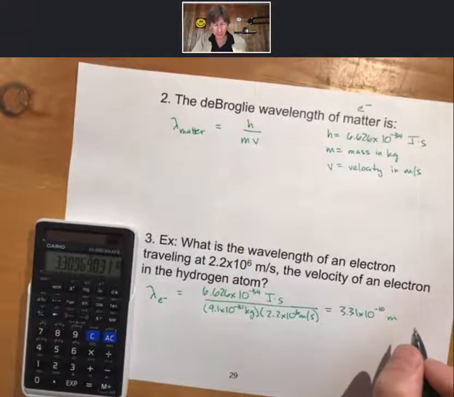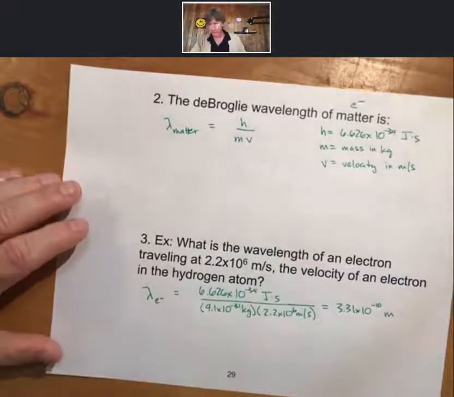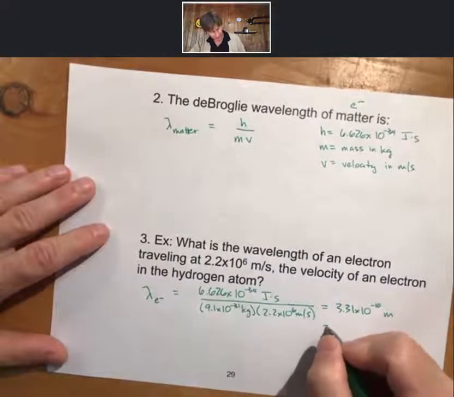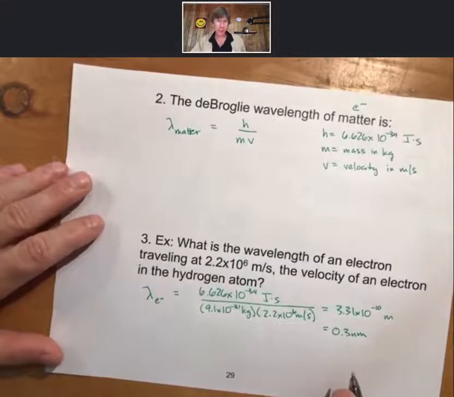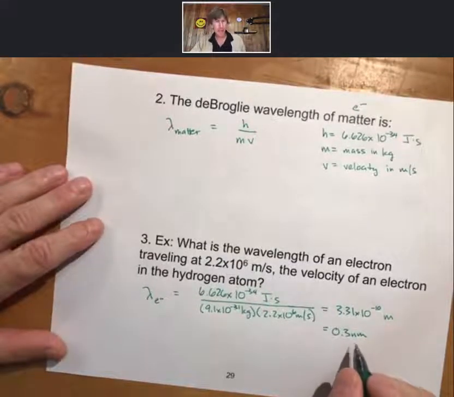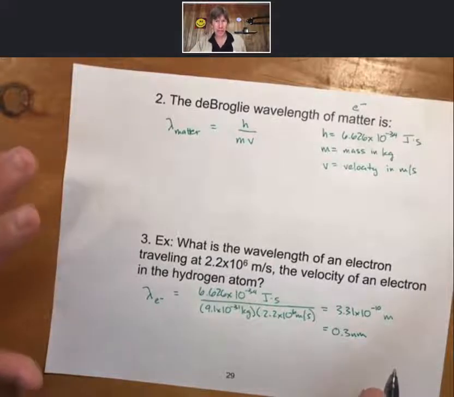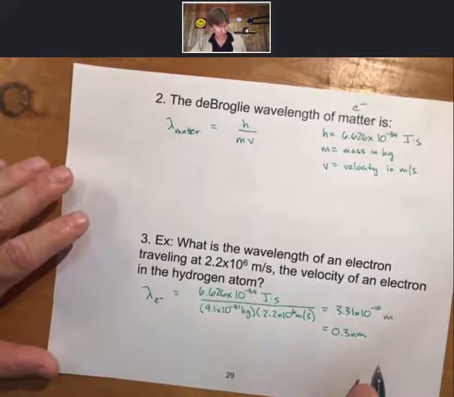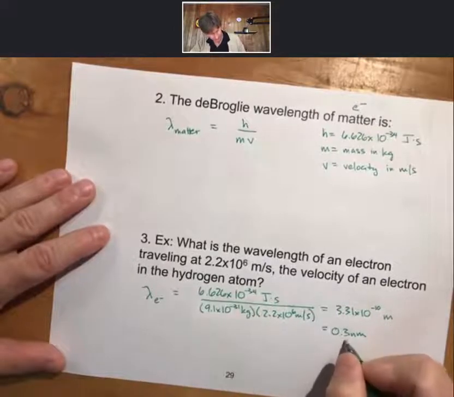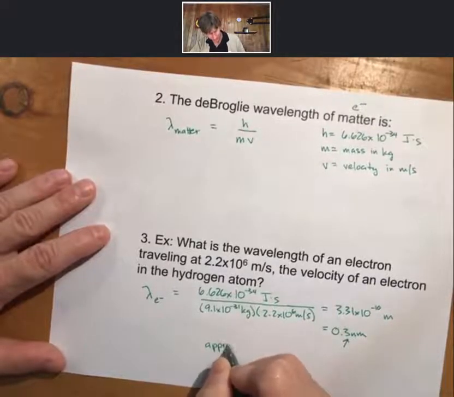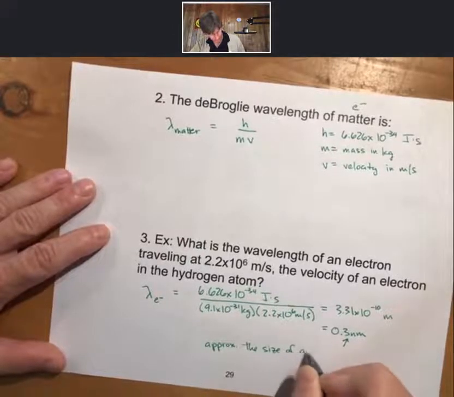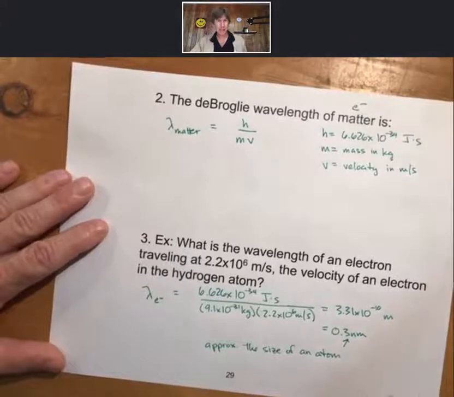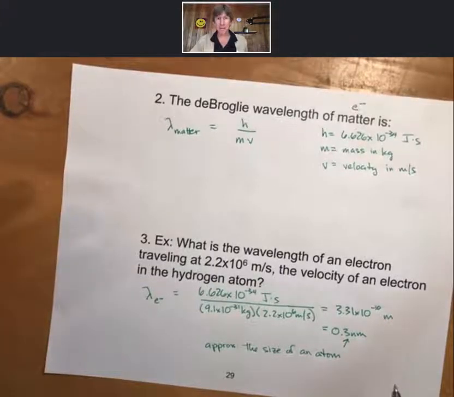That is an extremely small distance. However, if we convert this into nanometers, we get 0.3 nanometers. However, 0.3 nanometers is approximately the size of an atom. So for anything bigger than an atom, this is not important, but for the atom it is important.